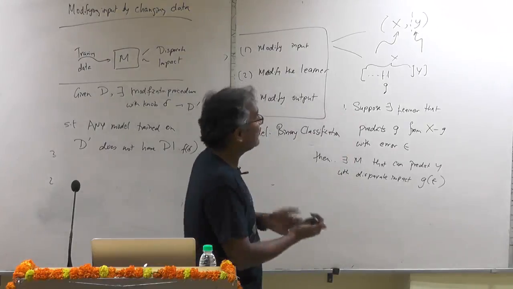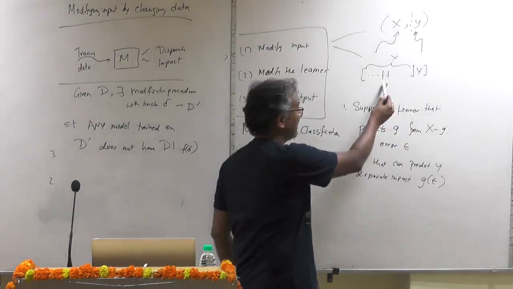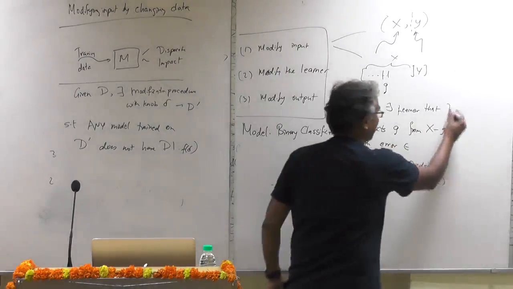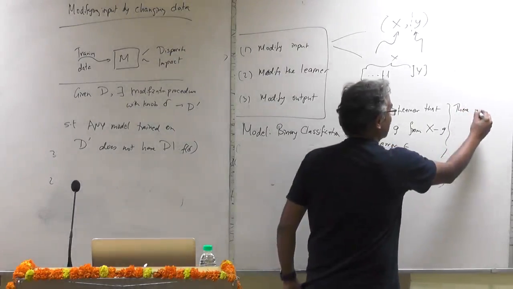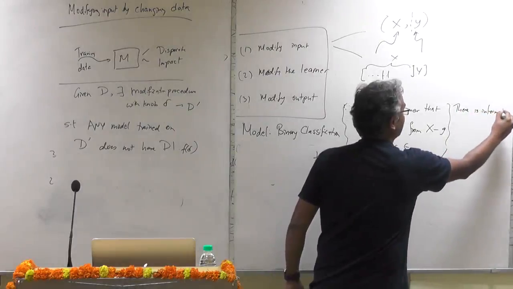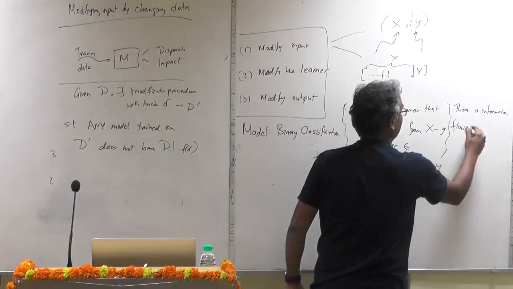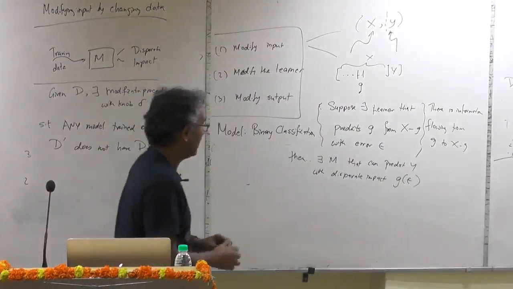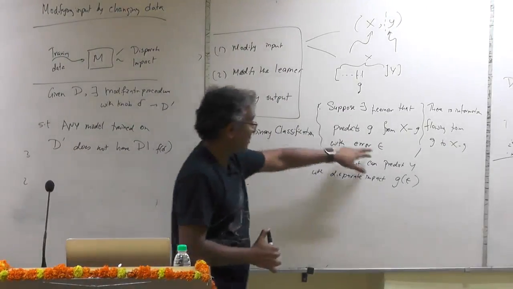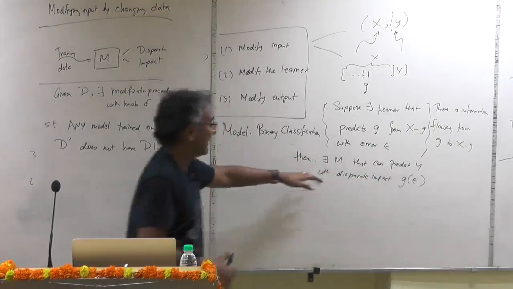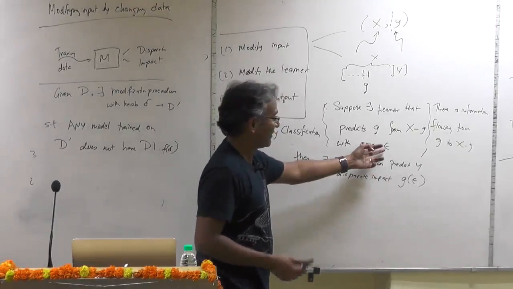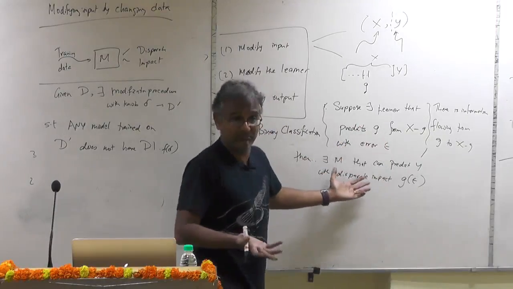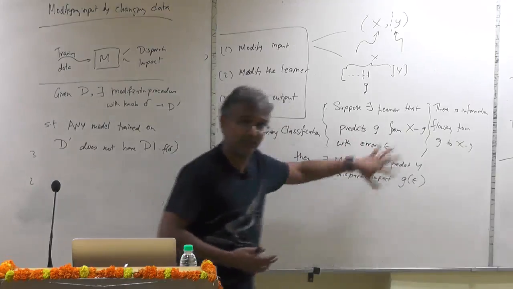You can say precisely that if there is a learner that can predict G from the rest of the attributes with error epsilon, read this as saying there is information flowing from G to X minus G. So if there is information with this degree epsilon, then you can discriminate up to a certain level. Obviously, the larger this value is, if the only error you can get is very large, then you're not going to get much disparate impact and vice versa. So actually, it's an inverse relationship.